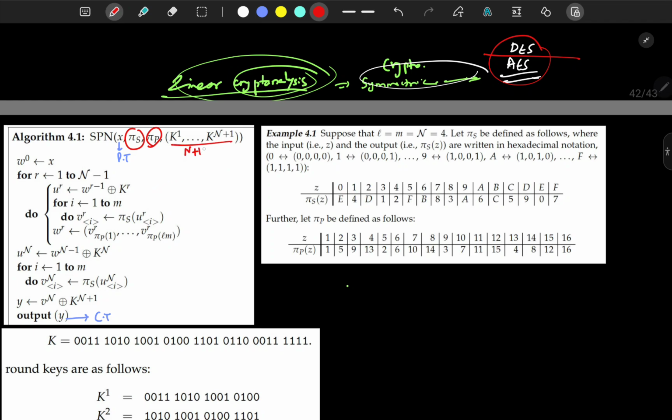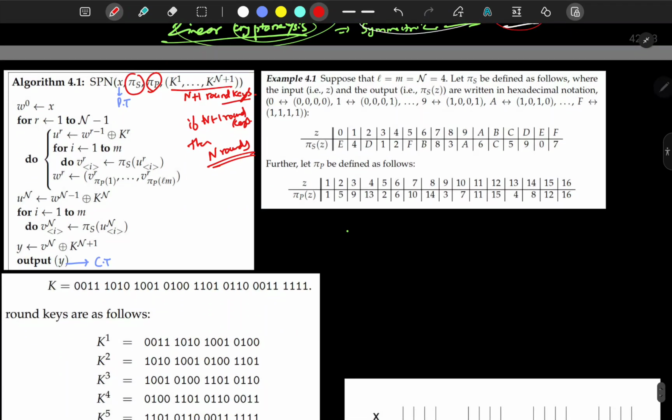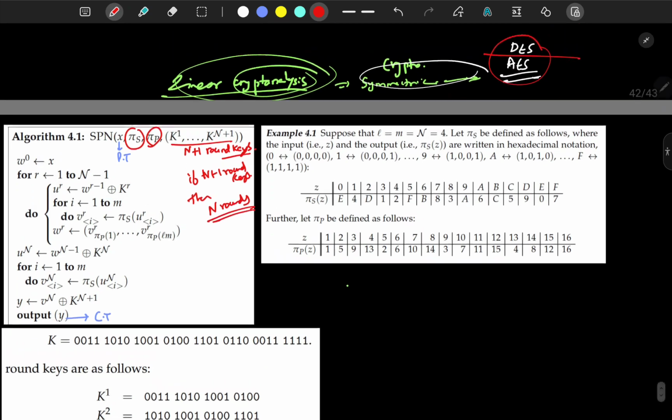Remember, for n rounds there will be n plus 1 round keys. You have to remember this. Don't worry about the notation, just try to understand the normal thing.